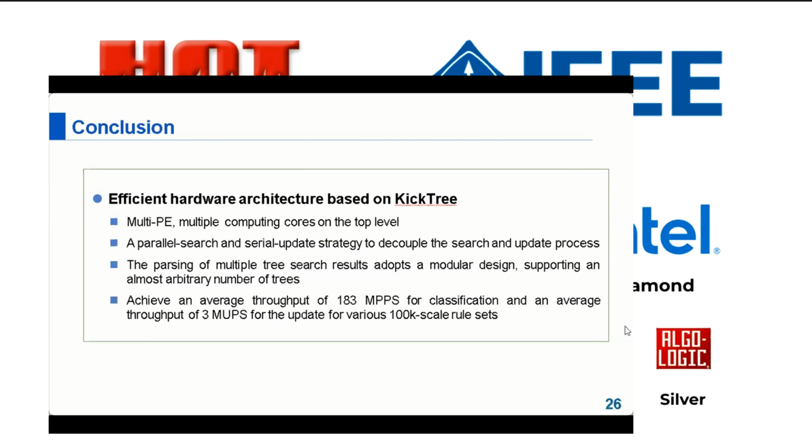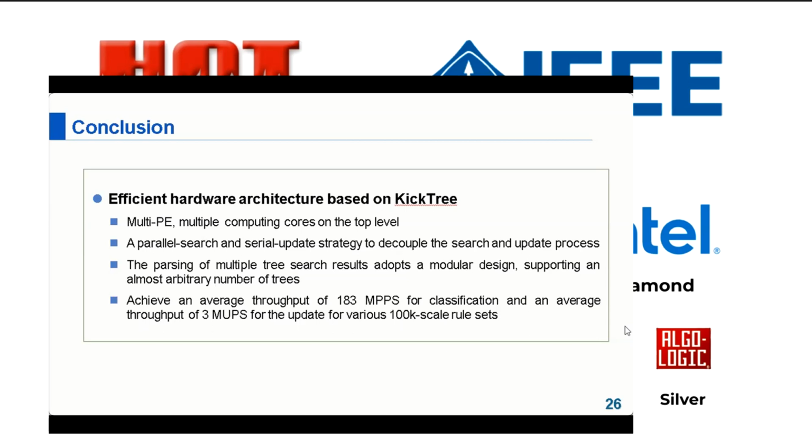Instead of a fully pipelined design, we adopt multiple computing cores on the top level. We propose a parallel search and serial update strategy for PEs in each classifier to decouple the search and update process.